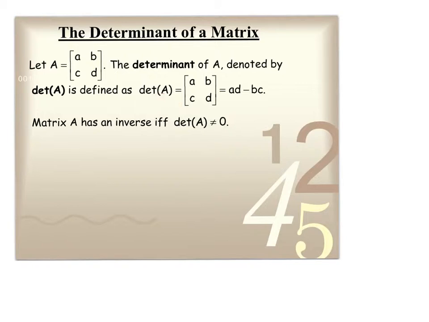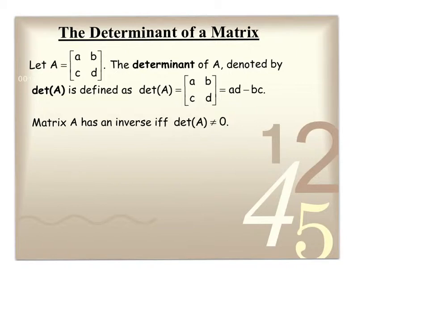So if I wanted to find the determinant of a matrix, I would take A times D and subtract B times C. And this is something that allows me to get an inverse easily, by hand.